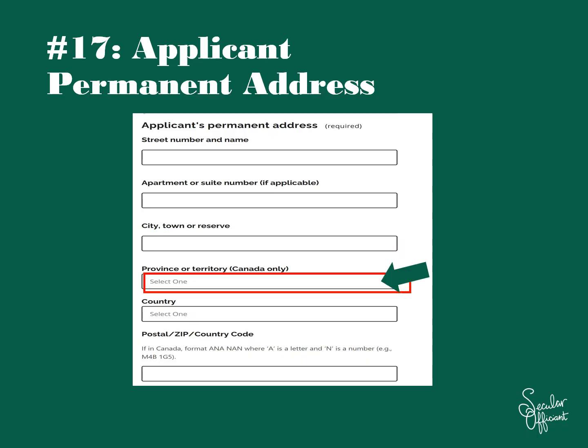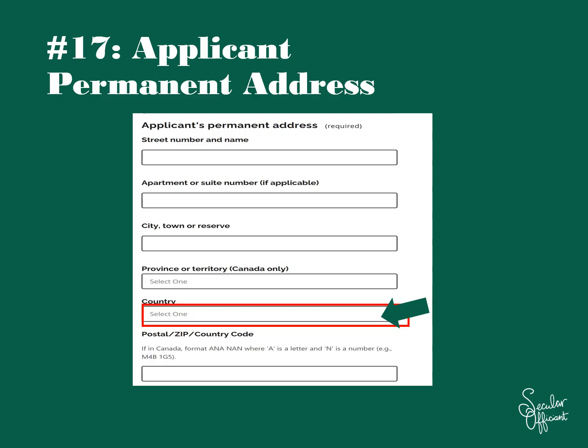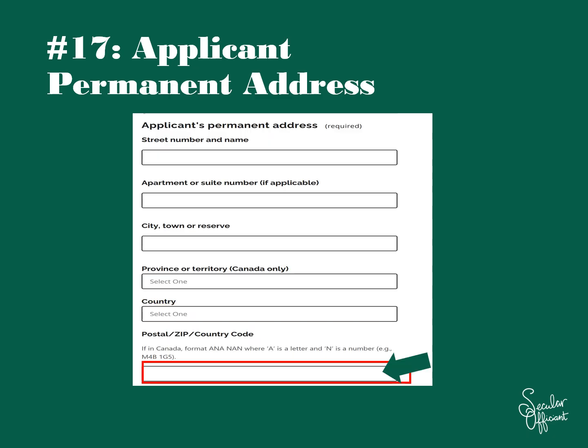If you live in Canada, you will include which province or territory. The country will automatically add Canada when you select a province or territory. If you live outside of Canada, you can leave the province or territory box blank. You will then select the country that you live in. Lastly, you will input your postal code.